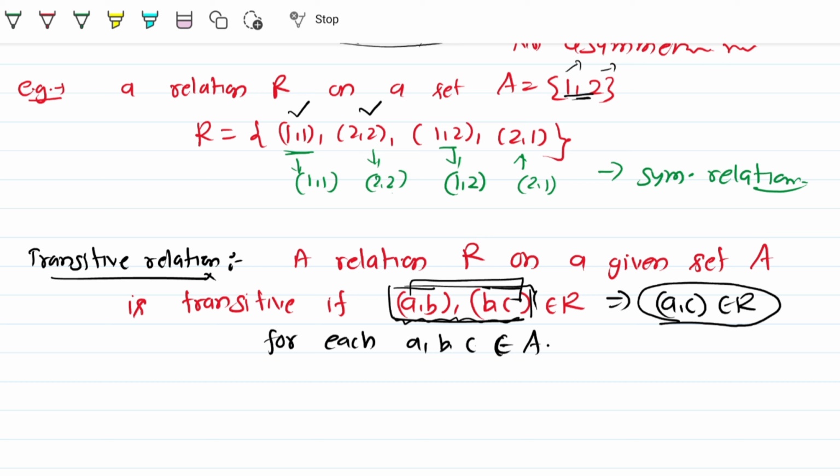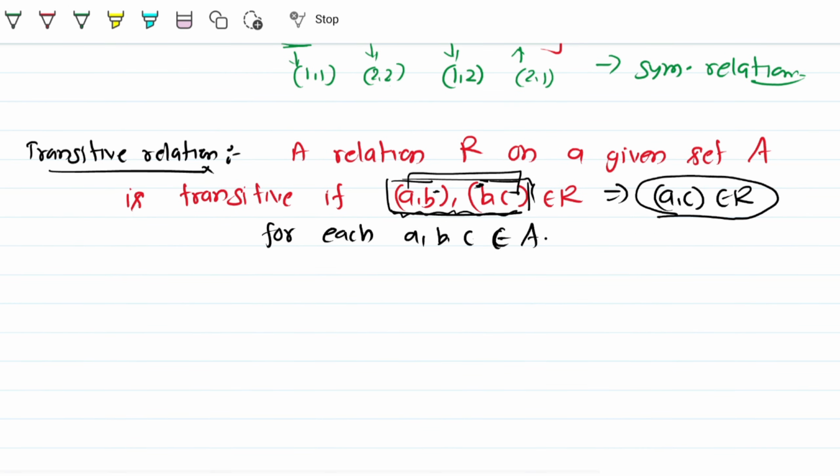And it should be fulfilled for all the connecting pairs. I hope you can relate. Connecting pairs means ending with B, starting with B. That's why we are saying connecting pairs. In transitivity we have to solve more examples, otherwise you might get confused later about how to decide transitive. So I'll write some relations first. Okay, example.